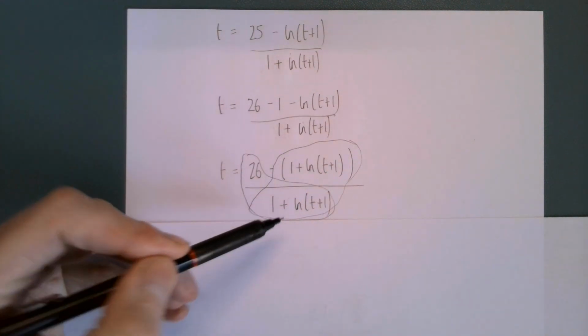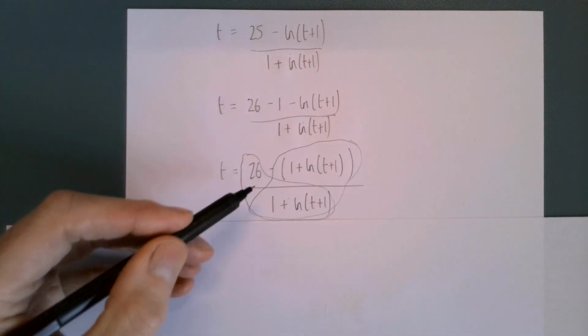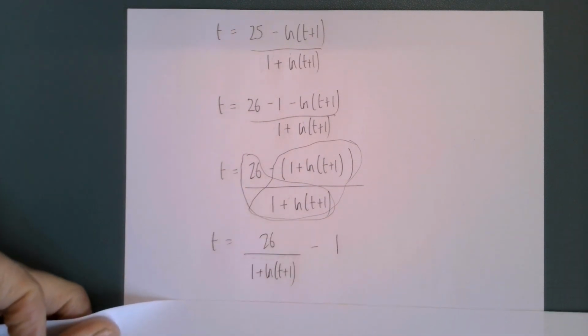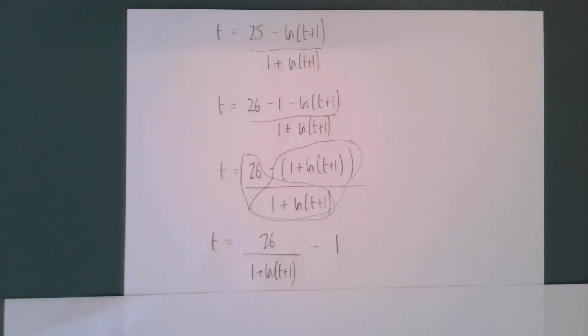Now that over that is just 1, so I get minus 1, and that over that is 26 over 1 plus ln(t plus 1), which is what they were after. So it's fiddly algebra, and how did I know to write 25 as 26 minus 1? Well, that was what we were asked to write it as. It's fiddly, but now it's cropped up in a practice paper, hopefully we'll be able to have a go at it.